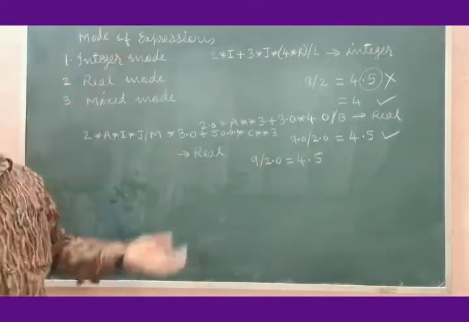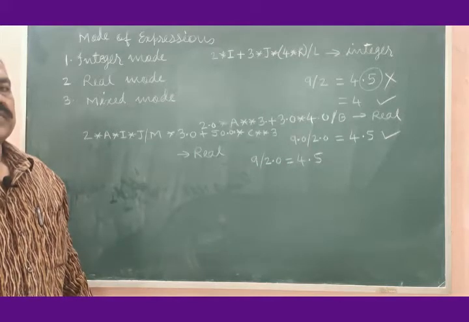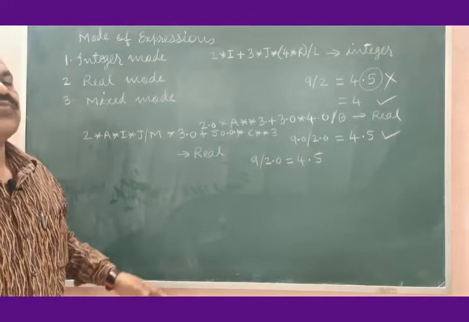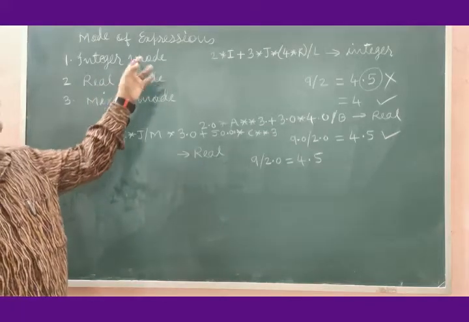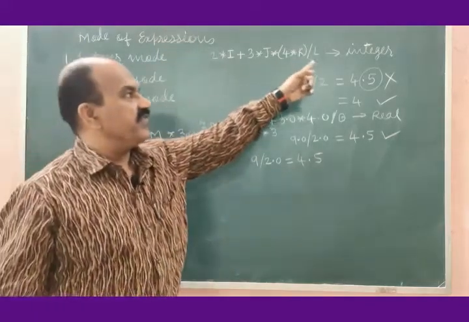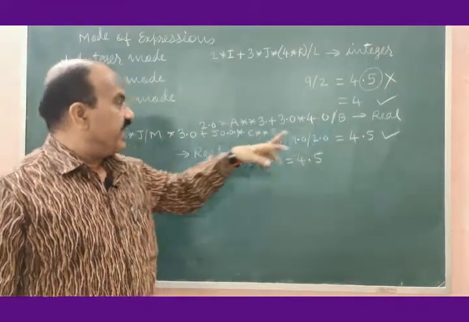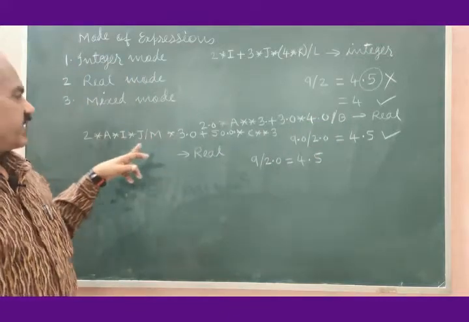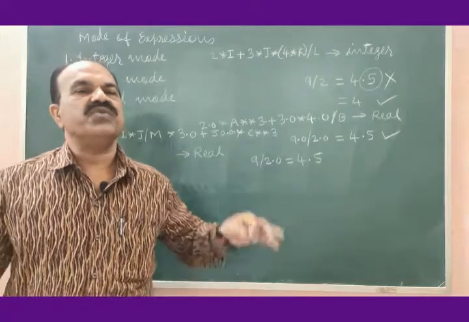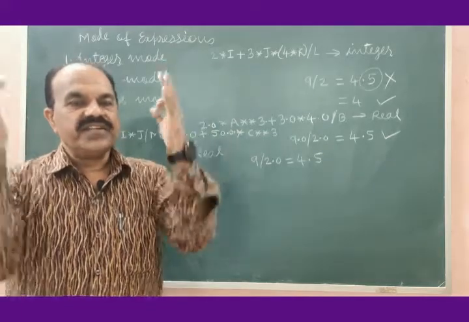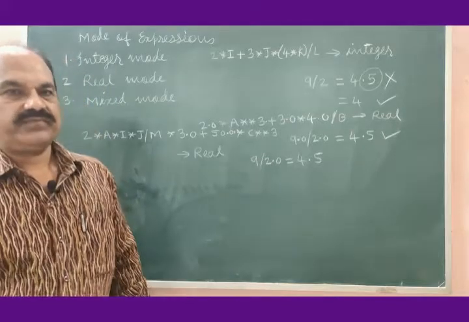So these are the three modes of arithmetic expressions. Integer mode of arithmetic expression, this way. Real mode, this way. Mixed mode, this way. Integer mode has only integer constants and integer variables, and the result is integer.